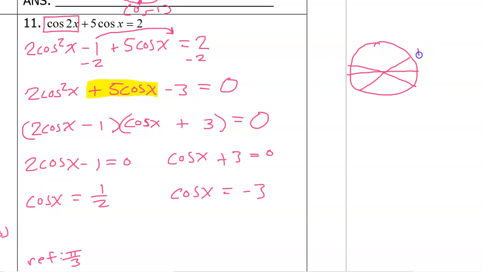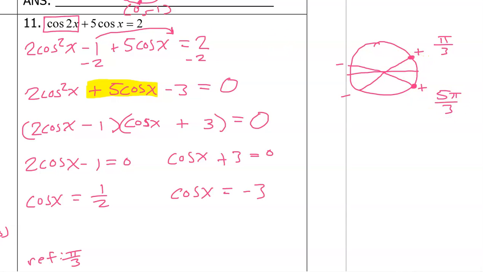Cosine is positive on the right-hand side, and it is negative on the left-hand side. In this case, the cosine is positive, so we want these two positions. With a reference angle of pi over 3, that means we're dealing with pi over 3 and 5 pi over 3.